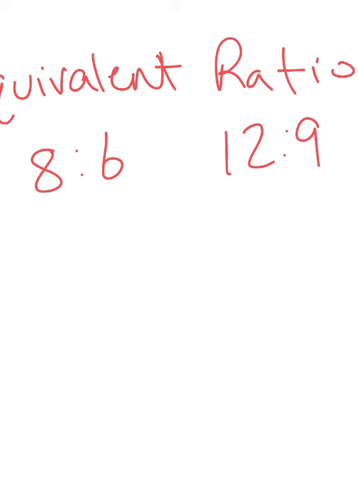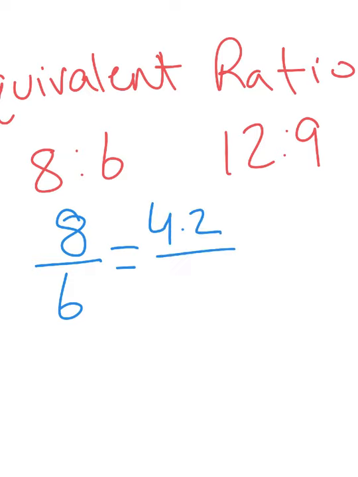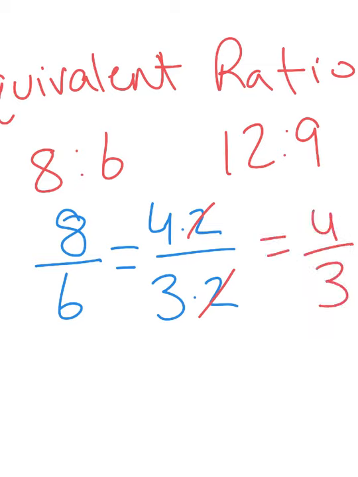8 to 6 can be written as 8 over 6. How can we reduce this fraction? 8 is basically 4 times 2, and 6 is 3 times 2. If I can get rid of the 2, I know that 4 over 3 is my simplified fraction.